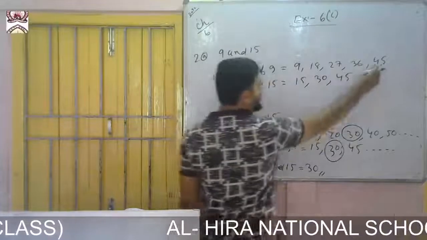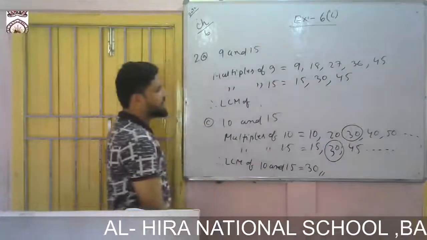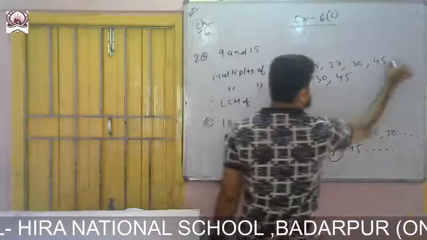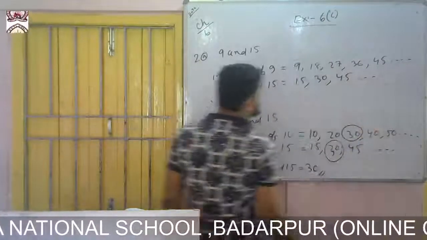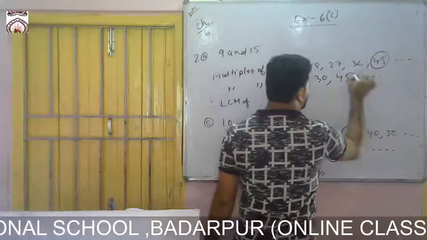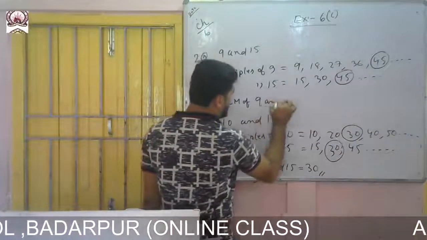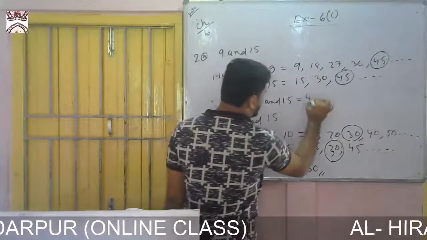So here you see we got 45. Here also 45 we got. So no need of going more. So LCM of 9 and 15 equals to 45.